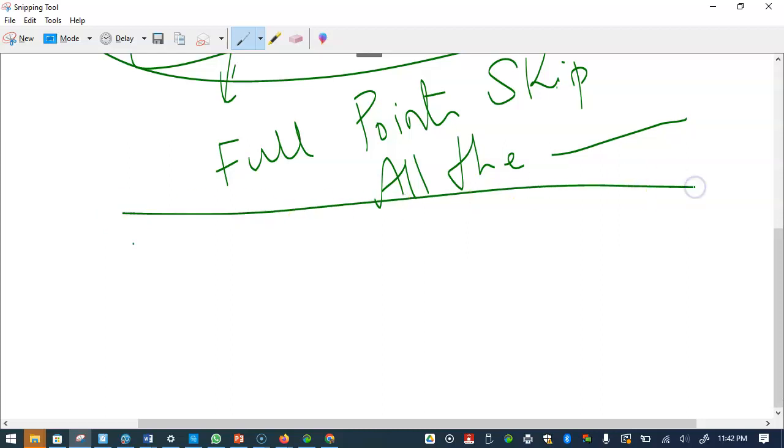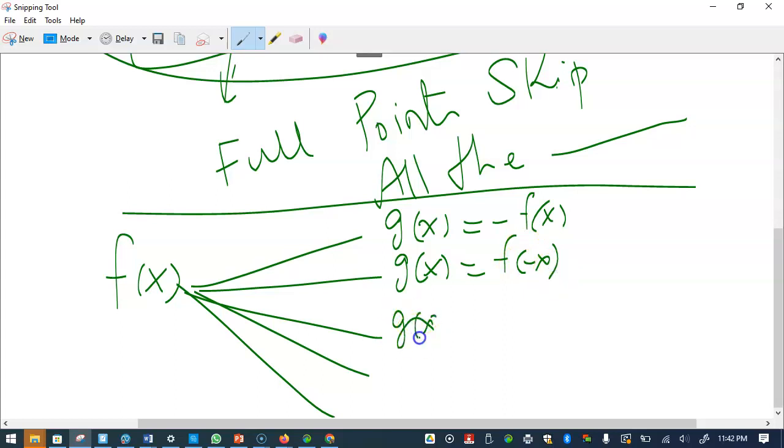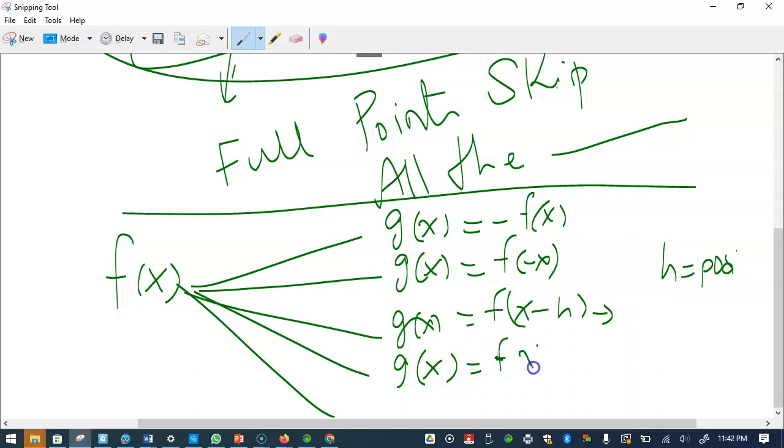What I said is, if f of x is the original function, then so many things are happening. I want you to write this. So g of x could be minus f of x. g of x could be f of minus x. g of x could be f of x minus h, where h is some positive number, so it's like shifting to the right, or g of x could be f of x plus h if h is negative.